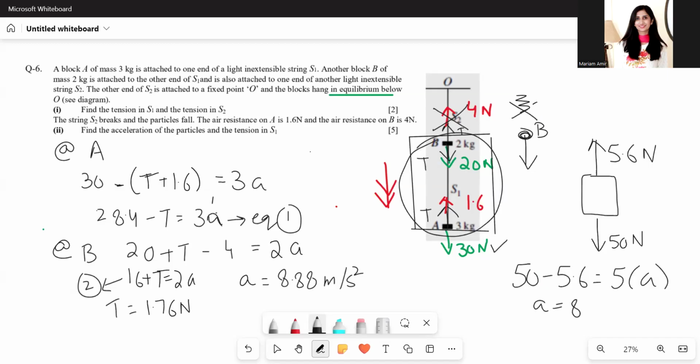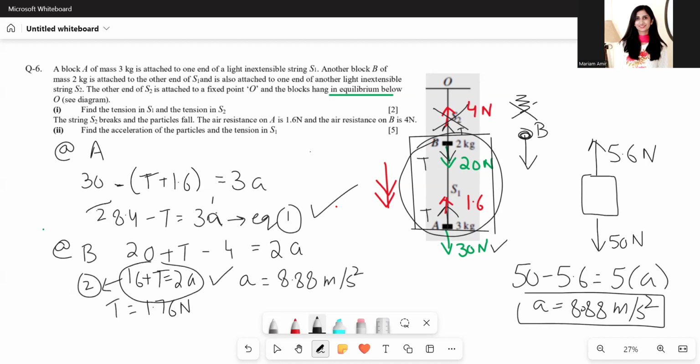So we get the acceleration again, same acceleration. Now you can use the equation made on mass A or the equation made on mass B. Use any one of these equations, substitute A in it, and get the value of the tension.